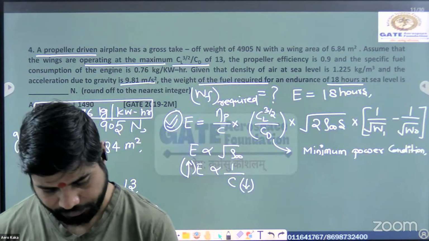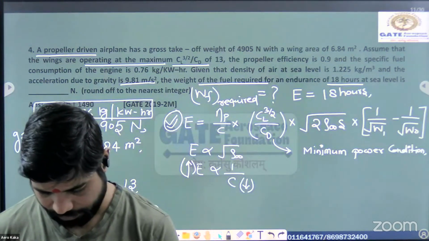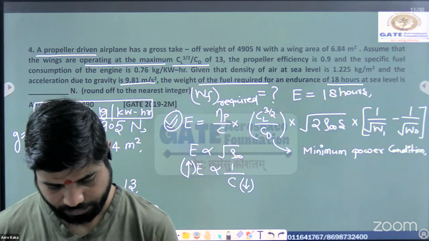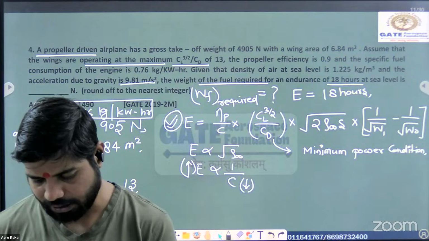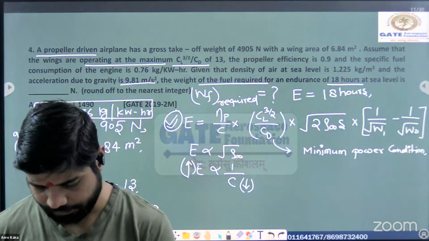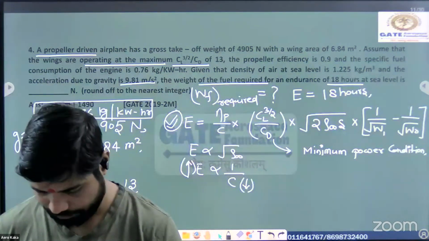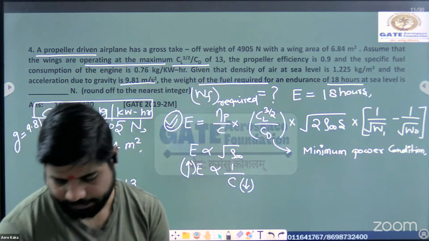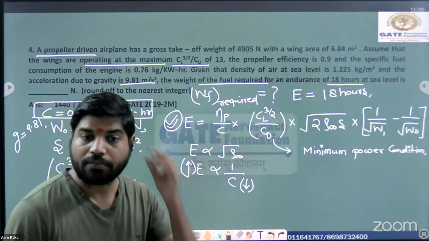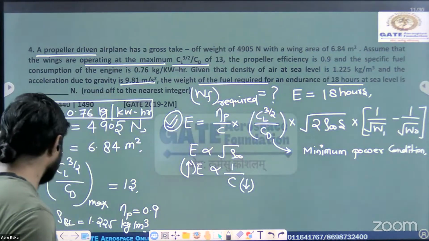Yes, anyone? Sir, it is coming 2.071 into 10 to the power minus 6. How much? Come again. 2.071 into 10 to the power minus 6. Okay. So let's convert first.